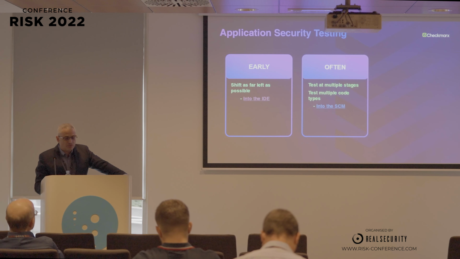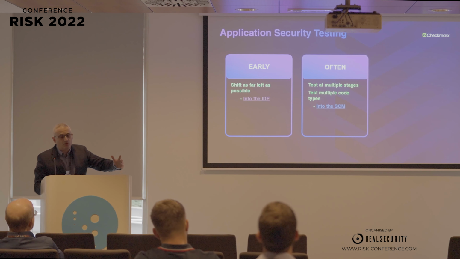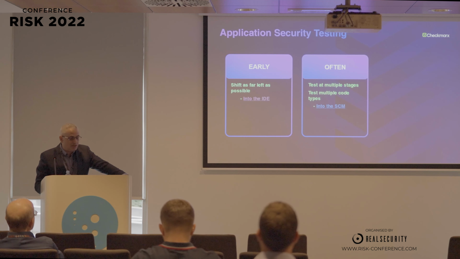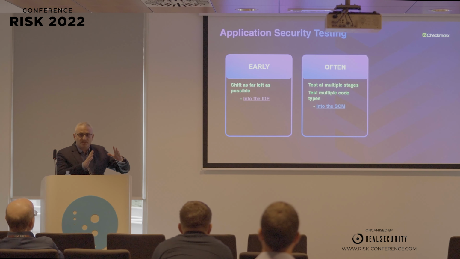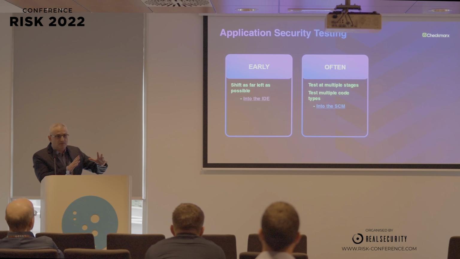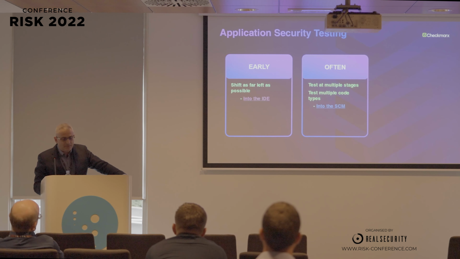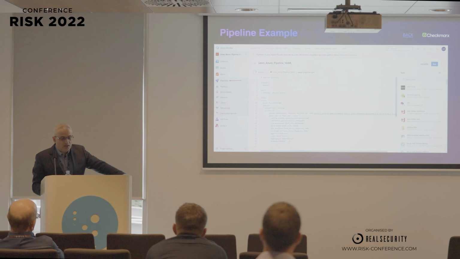The second approach: you need to scan your code often. It's not enough that the developer scans his own code in his development environment. Code on SCM, GitLab, GitHub should be scanned as well. While you run the build, as part of the build process, you need to run a security scan.